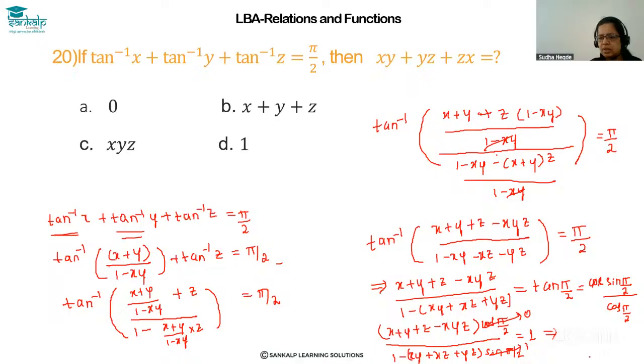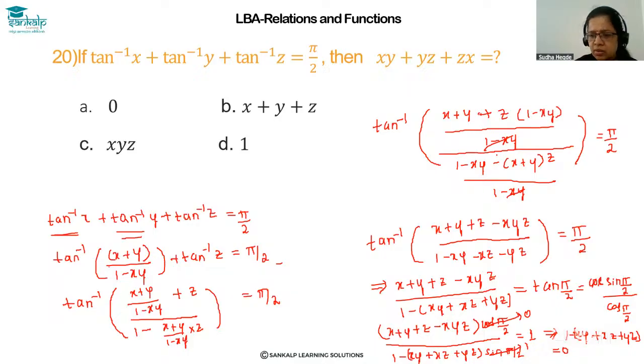Therefore, you can write it as 1 minus xy plus xz plus yz is equal to 0.